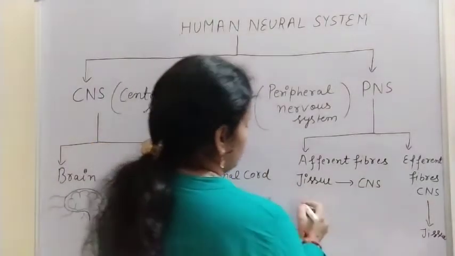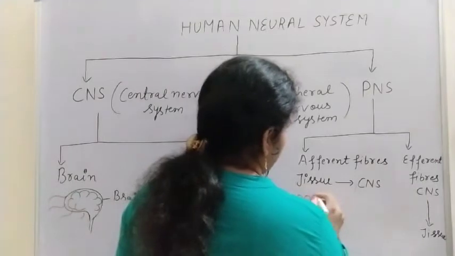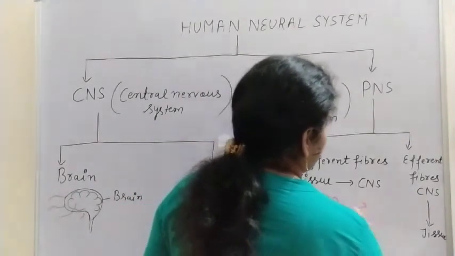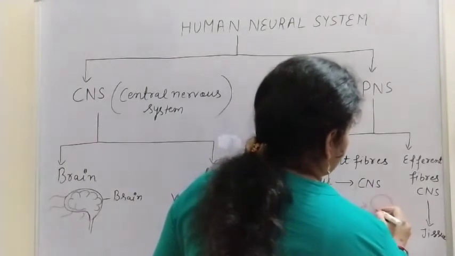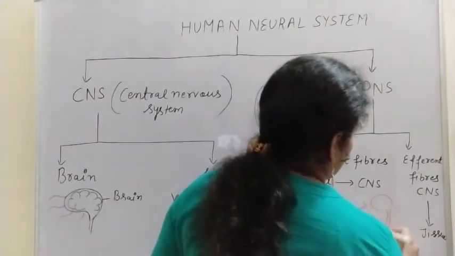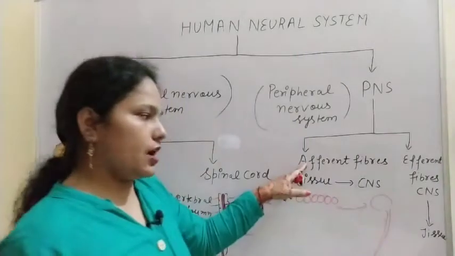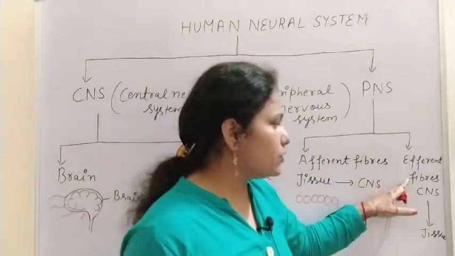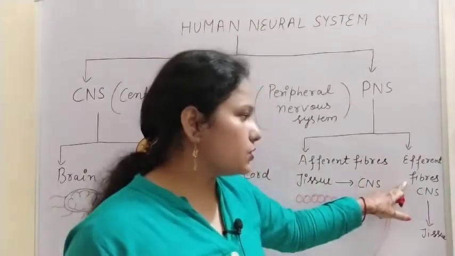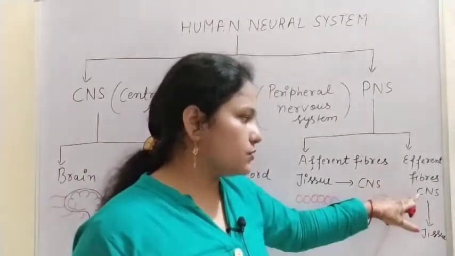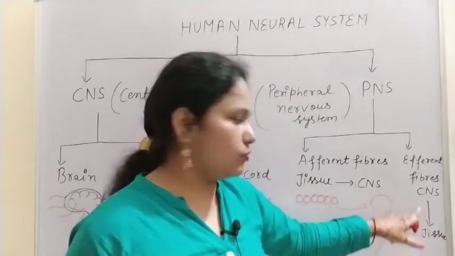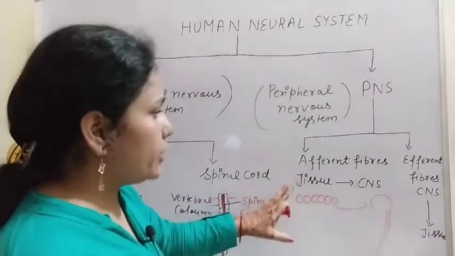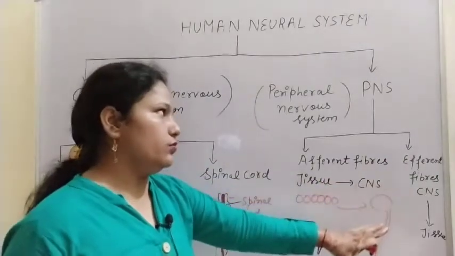Suppose one tissue is present here. From this tissue it transfers the message to our brain, or the spinal cord. That is the afferent fibers. And what are efferent fibers? Efferent fibers transfer the message from the central nervous system to the tissue or the organ.